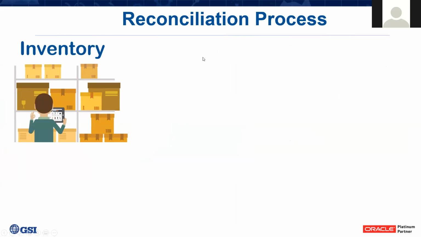Okay, so let's talk about inventory reconciliation and what it really means. Most companies that I talk to have inventory in some way, shape, or form, either at a manufacturing facility or distribution center.